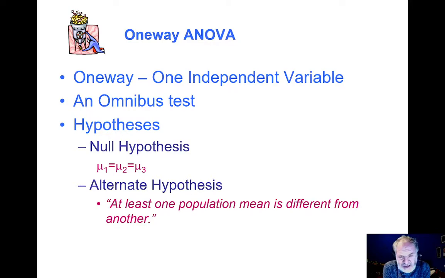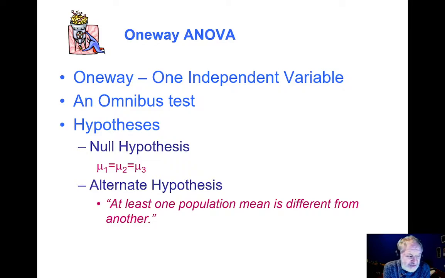In this case, it's the student's score on the politics scale. My null hypothesis, mu1 equal to mu2 equal to mu3, right? There's no difference amongst the three means: college, grad, undergrad. The alternate hypothesis is that at least one population mean is different from another. Sometimes you'll even see it in textbooks where they say the alternate hypothesis is mu1 not equal to mu2 not equal to mu3.